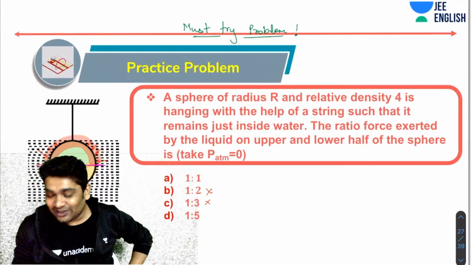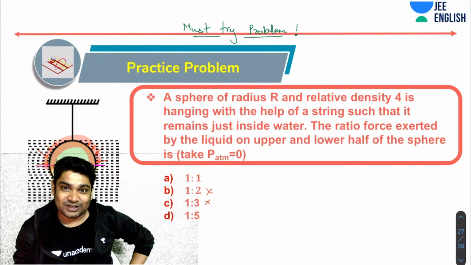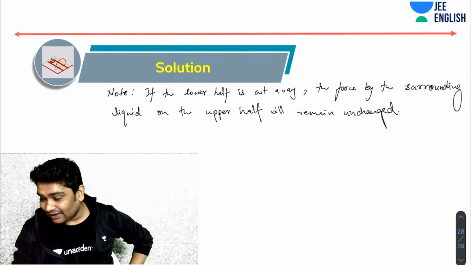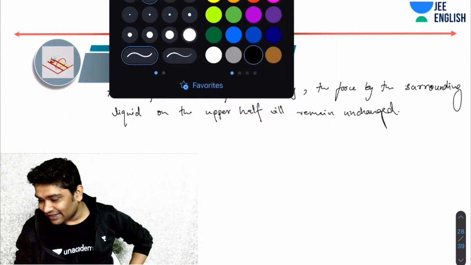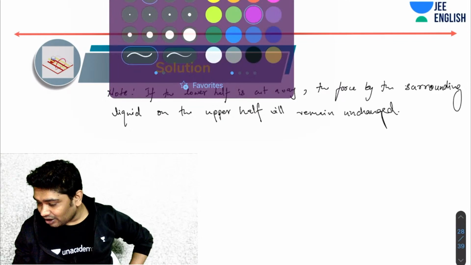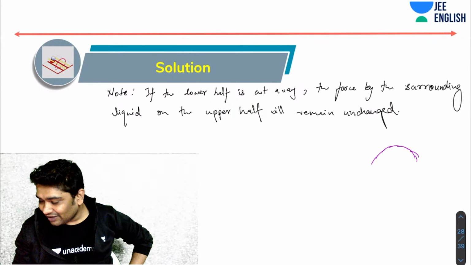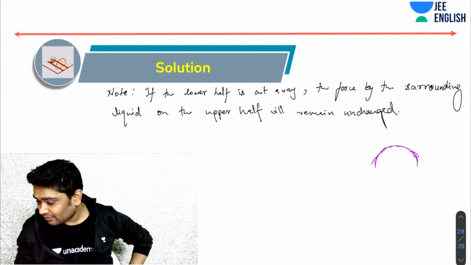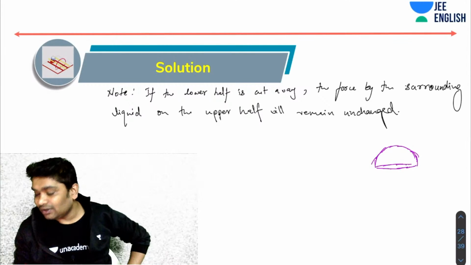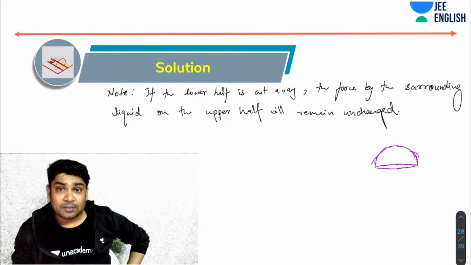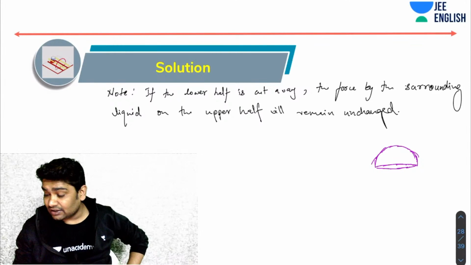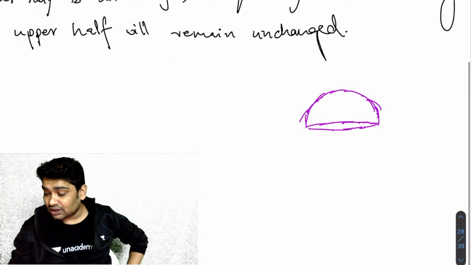All right. So first, I hope you should be convinced about this. Now, once you're convinced about that, now things are very easy to see. Now, all you will realize is that if I have this hemisphere now, on that hemisphere, the net force by the surrounding liquids is being exerted on two surfaces, correct?